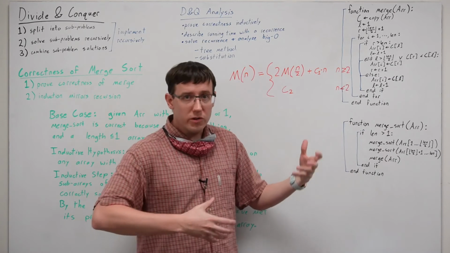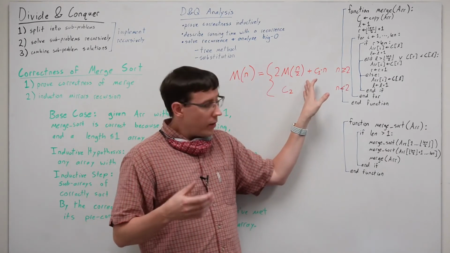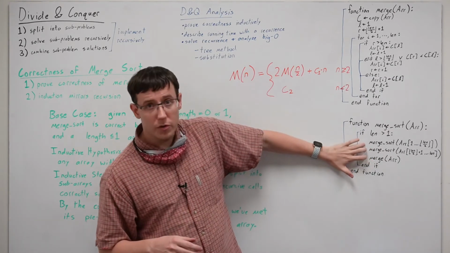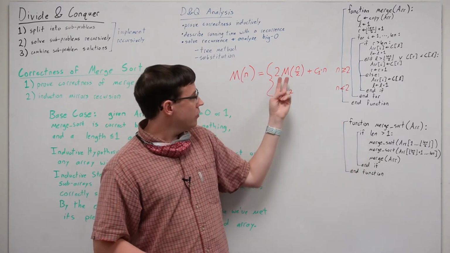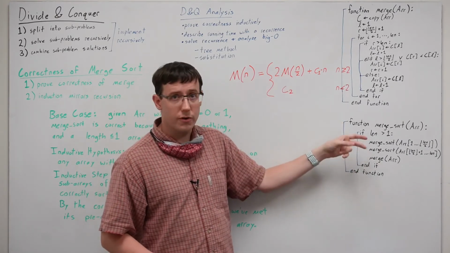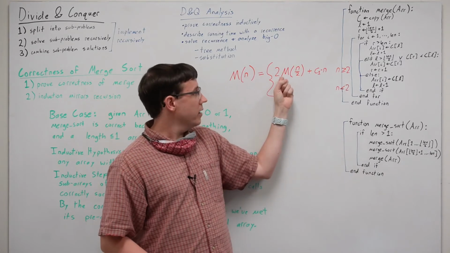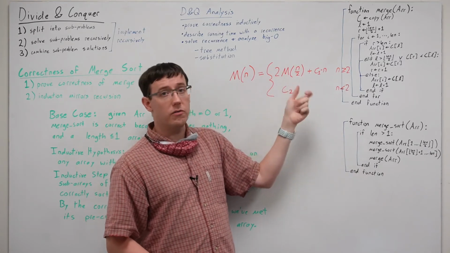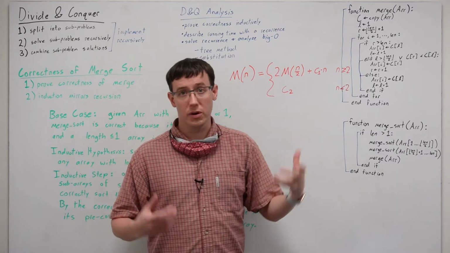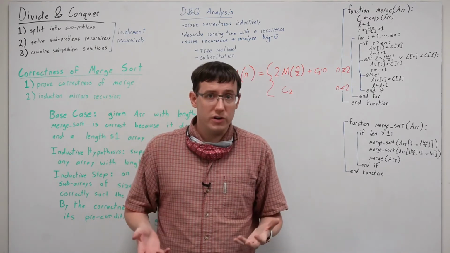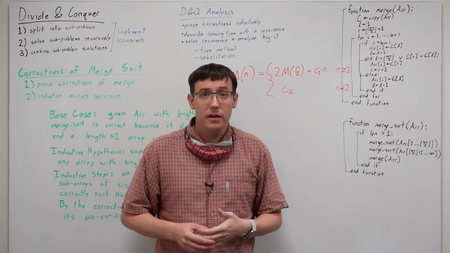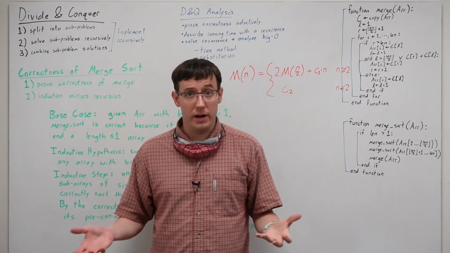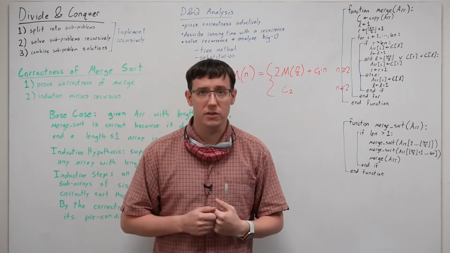So our recurrence relation that describes the running time nicely corresponds to our merge sort algorithm. We have two calls to the recursive function, and so we pay twice the running time of the function call on an input of half the size. But unfortunately, this recurrence relation doesn't give us a functional description of the running time that we can do big O analysis on.